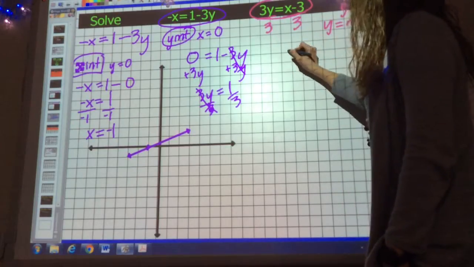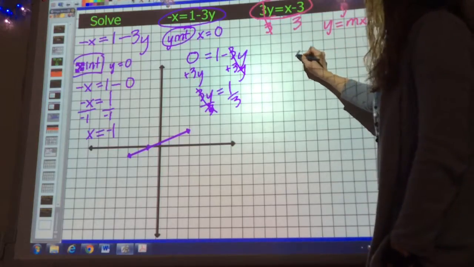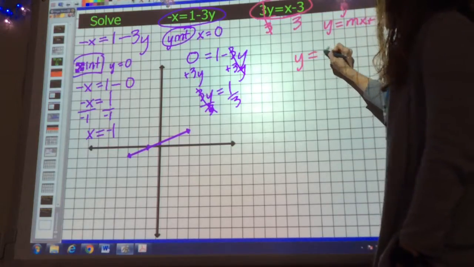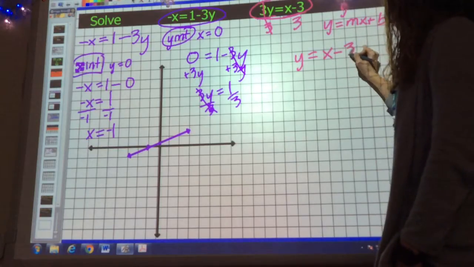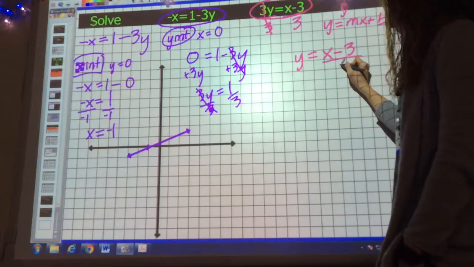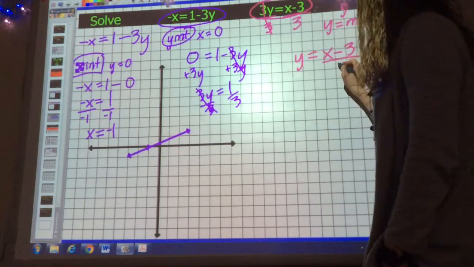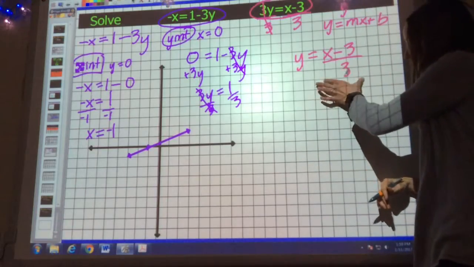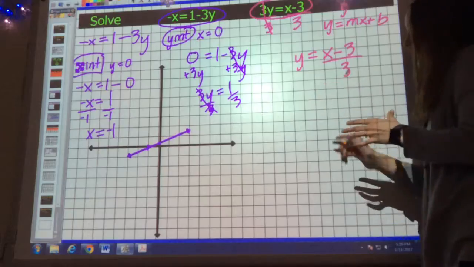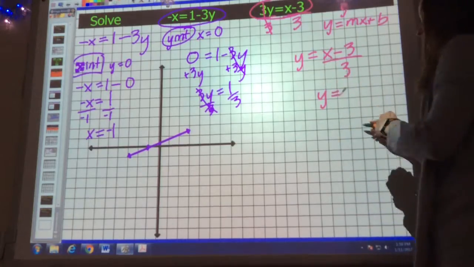We have to divide. And so then we're going to get, well, 3 divided by 3 is not 0, it's 1. So we have y equals x minus 3, all over 3. Now, if we do that, remember what we had to do here? We had to split them, because x is over 3, right?